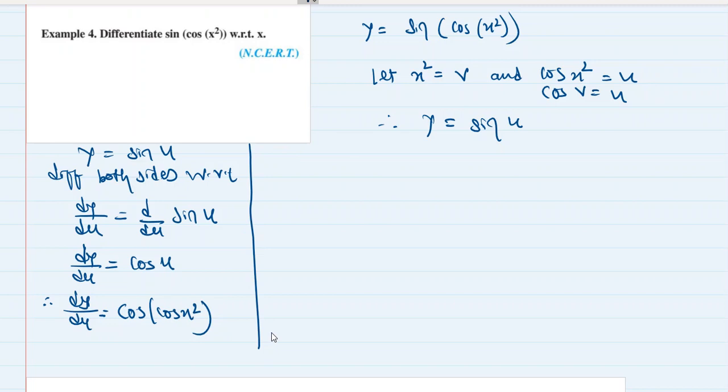Now let's go inside. Now inside we have got u is equal to cos of v.